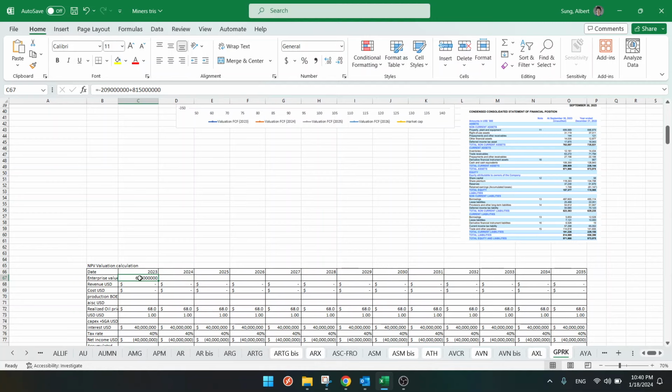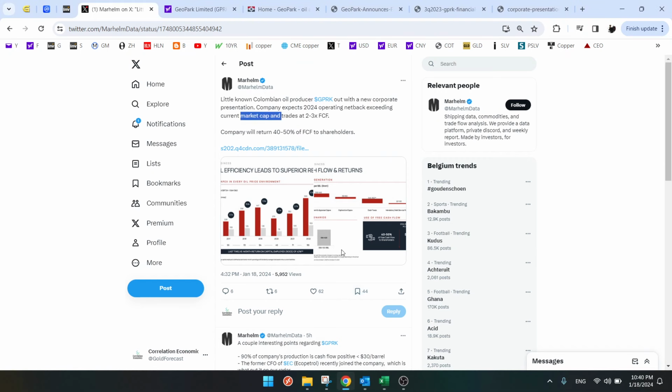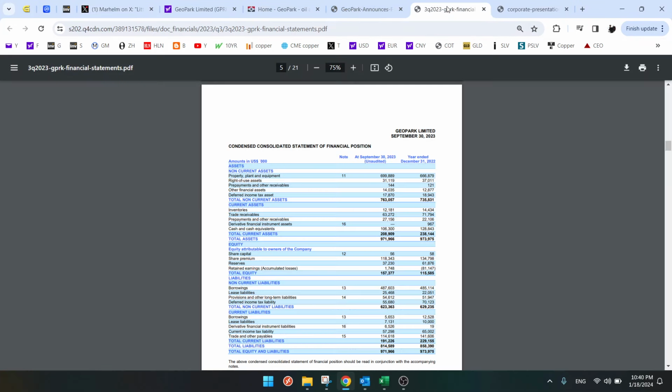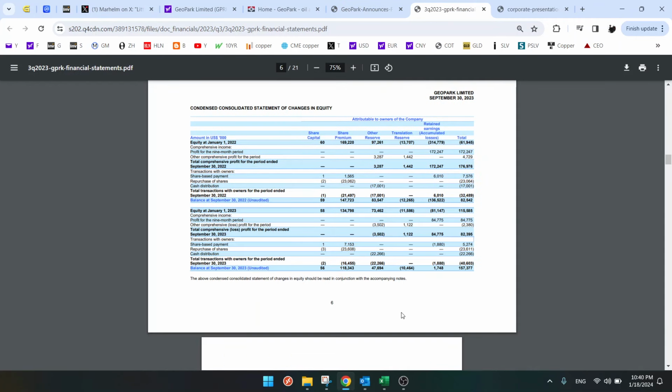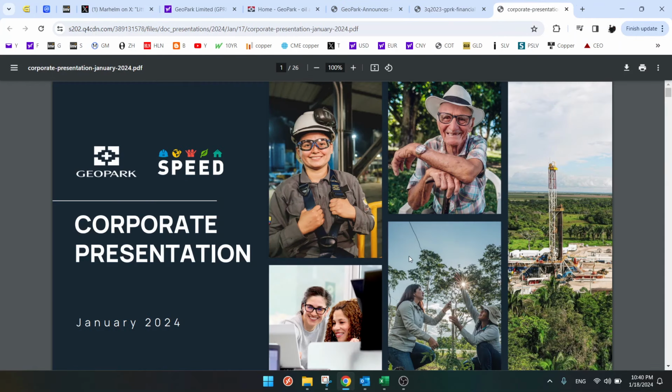So this is actually a pretty high enterprise value, because this just adds 600 million in net liabilities. So how many shares outstanding?